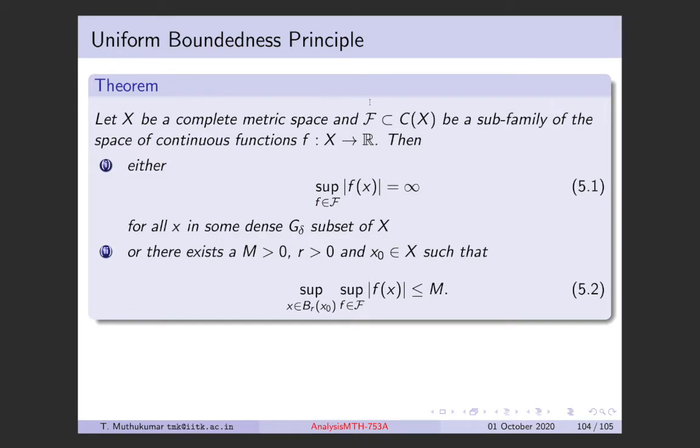So you take the supremum over the whole subcollection and over this ball of radius R, and this is bounded by some M. So this is the uniform boundedness principle. Uniform boundedness is precisely for this reason.